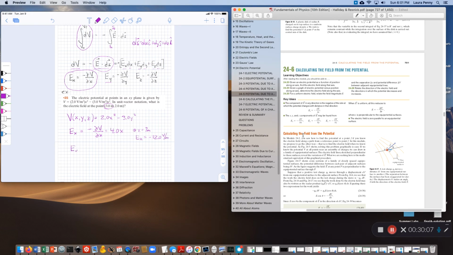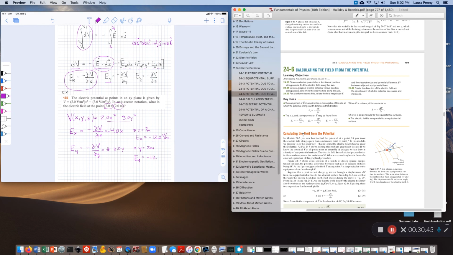I can get the y part by taking the partial derivative with respect to y. So again, I go back and look at this equation. That's going to be a negative 6 times y at y equals 2 meters. E sub y, this would be a positive, right? Because I have a negative, actually this should be a negative, and I did get that to be negative here. And then this should be a positive.